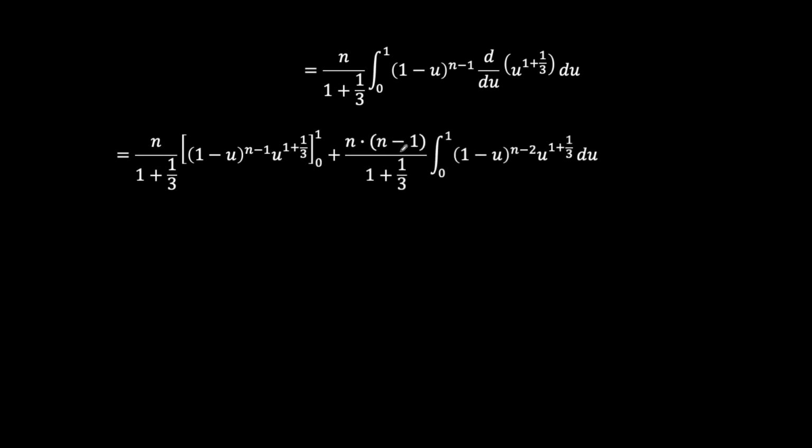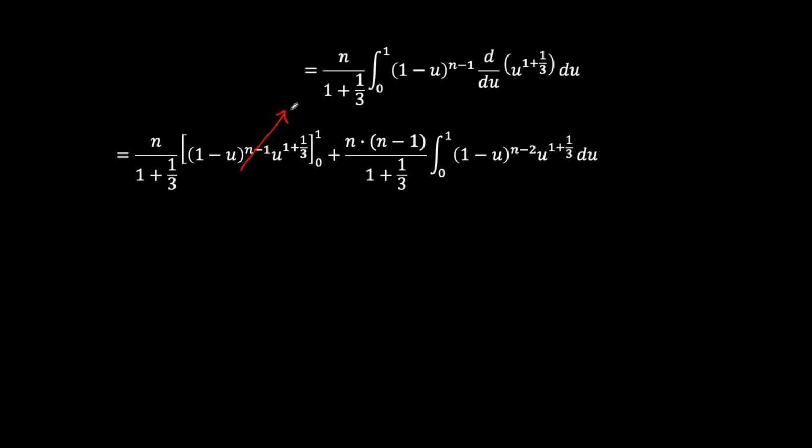And so continuing forward, the derivative of (1 minus u) to the power n minus 1 is now n minus 1 times (1 minus u) to the power n minus 2. So we've multiplied the n, now n minus 1, and the denominator remains the same. And so here again, as you can see, at the upper limit, when u equals 1, this becomes 0. When u equals 0, this becomes 0. So this entire thing again goes to 0.